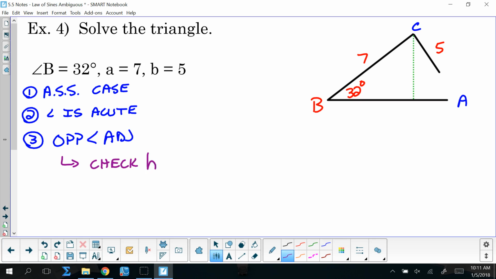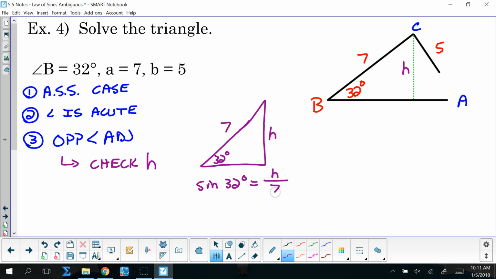If the opposite side was bigger, it automatically would be one triangle. But because the adjacent side is bigger, we have to check that H. The sine of 32 degrees is equal to H over 7, so H is 7 times the sine of 32 degrees.